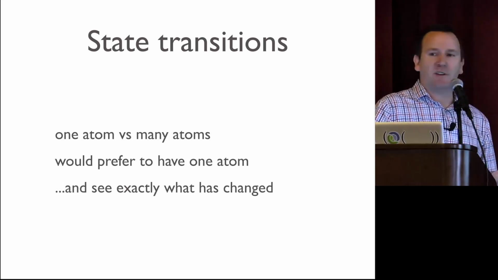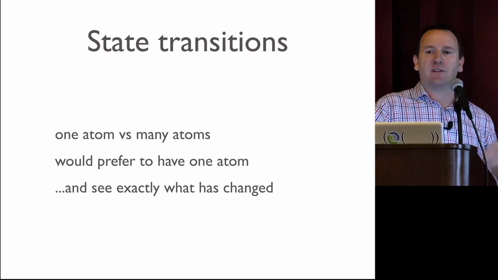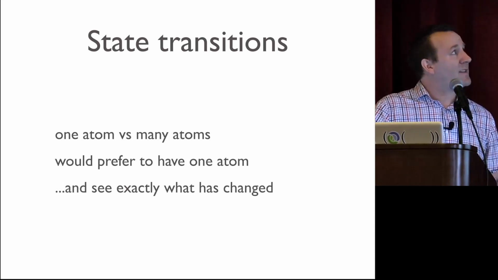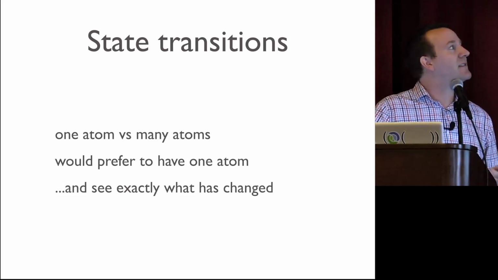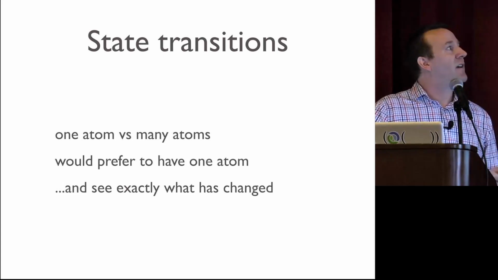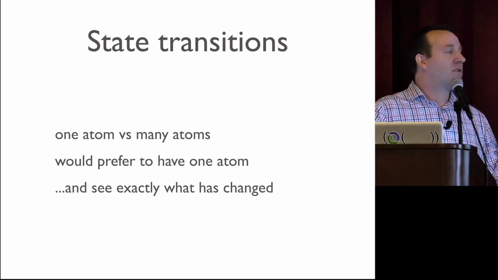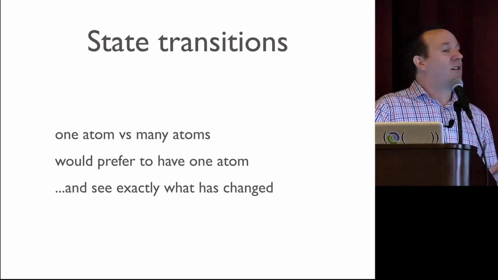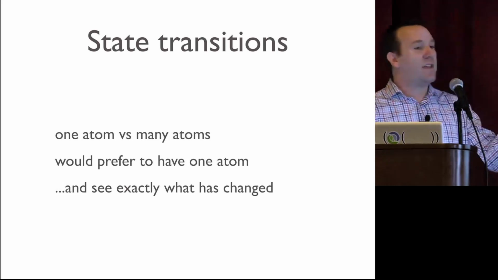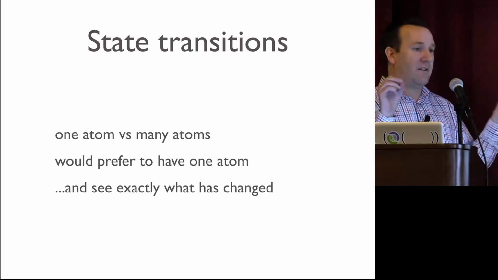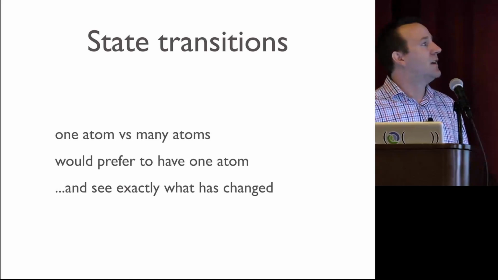But one of the problems that you run into is you start to ask yourself, how many atoms do I need to use? It's nice to have everything in one atom because you have all your state there and you have consistent updates. But as that data gets larger and larger, it's harder to tell what you've changed. So if you change one thing, you have a lot of data, now you have to figure out where's that one thing that I changed.